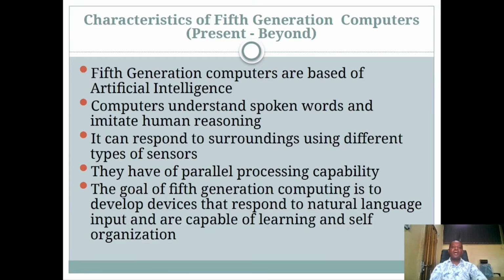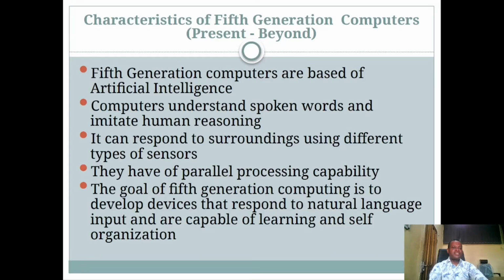We have programs nowadays that can imitate the way we reason, that can make decisions on our behalf, that can go through the reasoning process that human beings apply in coming out with a solution to a problem. So this is all part of artificial intelligence. So fifth generation computers are computers that are marked by the introduction of what? Artificial intelligence into them.